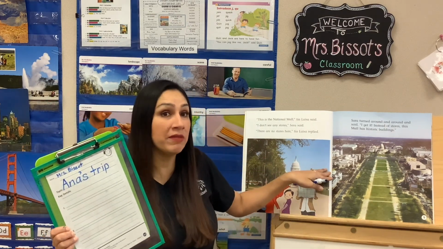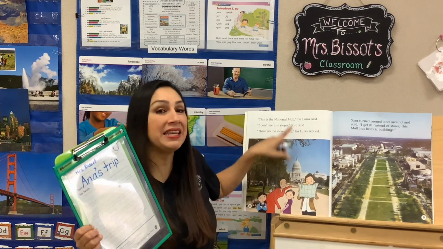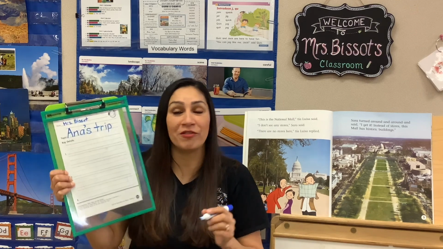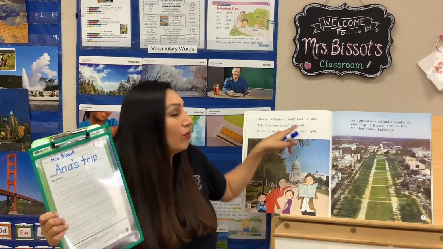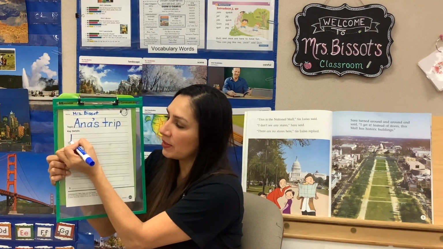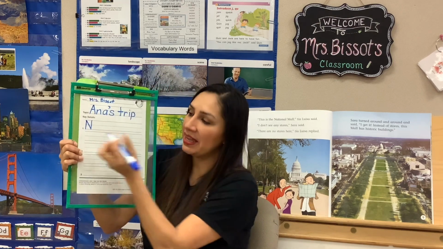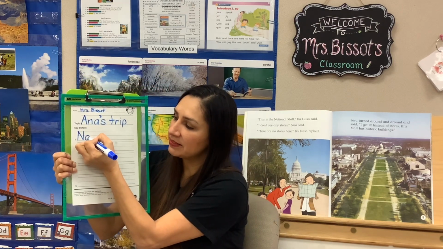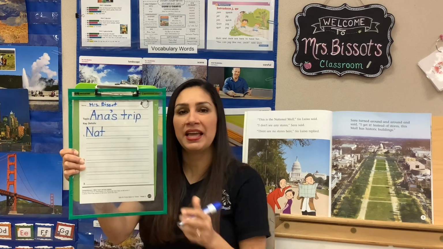So we're going to write National Mall. Now, this is the name of the mall. It's called National Mall, and it's right here, and it's the name of it. So we're going to put a capital N for National and a capital M for Mall. So you could copy it. You go ahead of me if you'd like, or you could go ahead and do it with me. So National, I'm going to just copy capital N, and then an A, and a T, N-A-T.